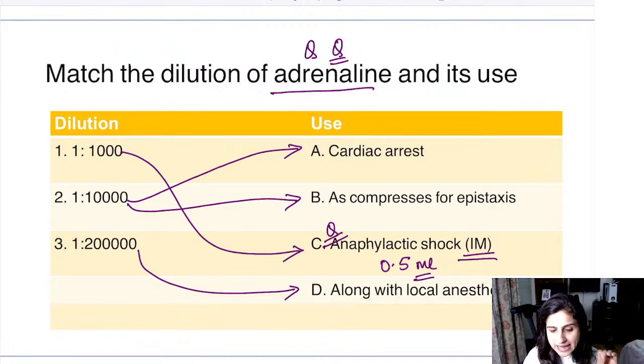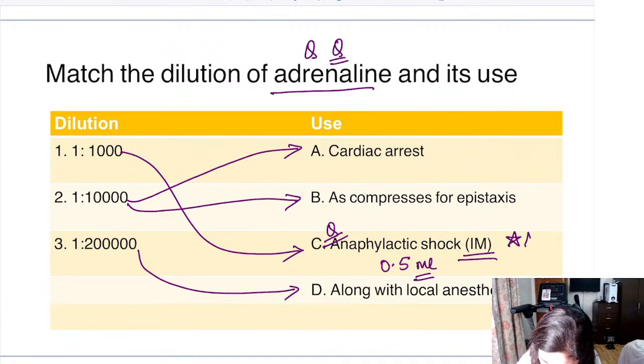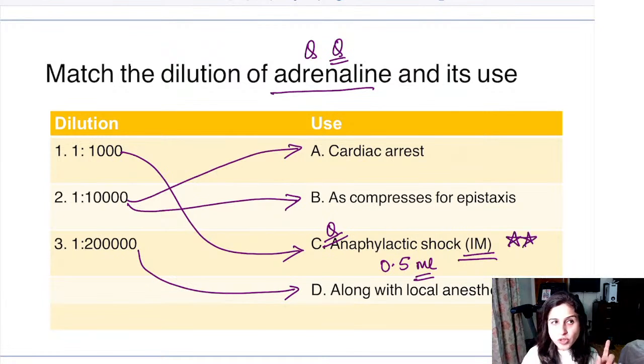So all these dilutions are very, very important to know. But the most important one is anaphylactic shock, the dose 0.5 ml, 1 in 1000 by IM route. Absolutely mandatory to remember. It's a crime if you don't remember this.